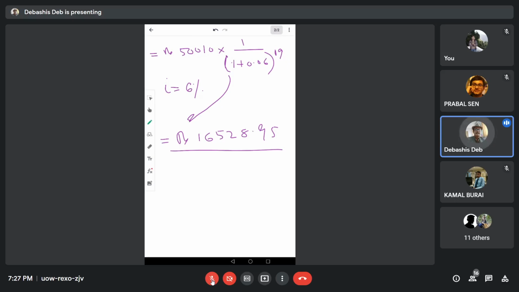Now we can write straight away the total value. In the initial case, we have calculated how much? What was the value?